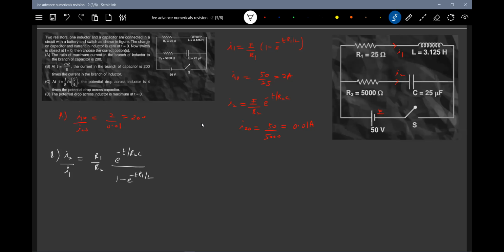We have to substitute R2C, then the T value. Then we have to verify. ACD will come.